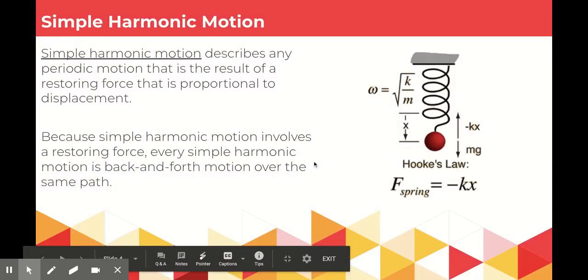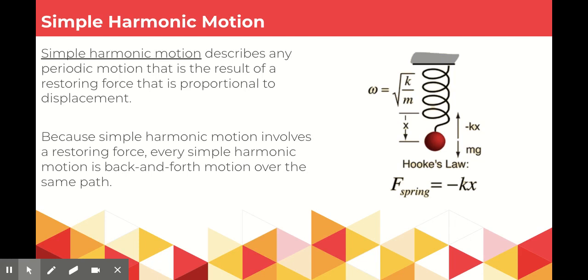Simple harmonic motion, by definition, is any periodic motion that's the result of a restoring force. What that means is it's a motion that happens over and over that can be timed. A period is like a time frame. And that's going to be the result of a force that's acting on it that is within the system. The restoring force has to be provided by the spring or by the string, like in this pendulum system.